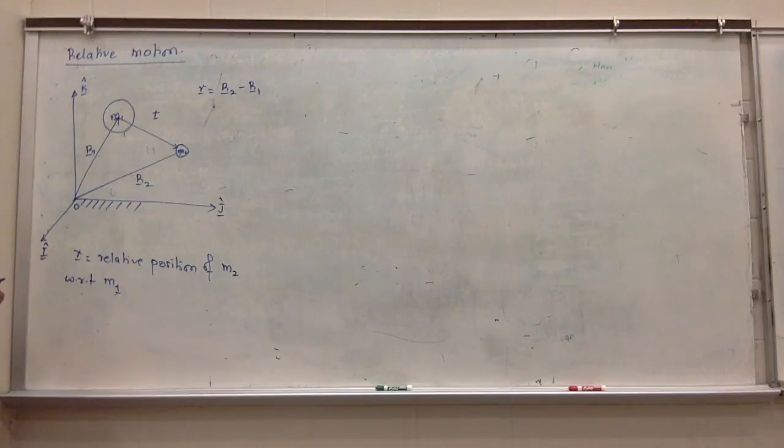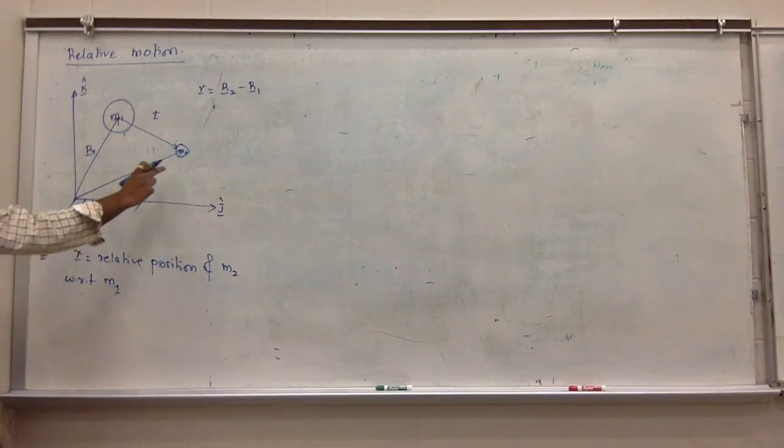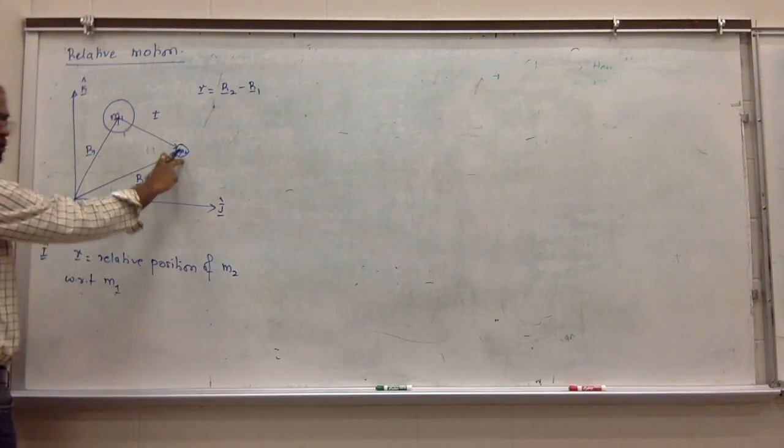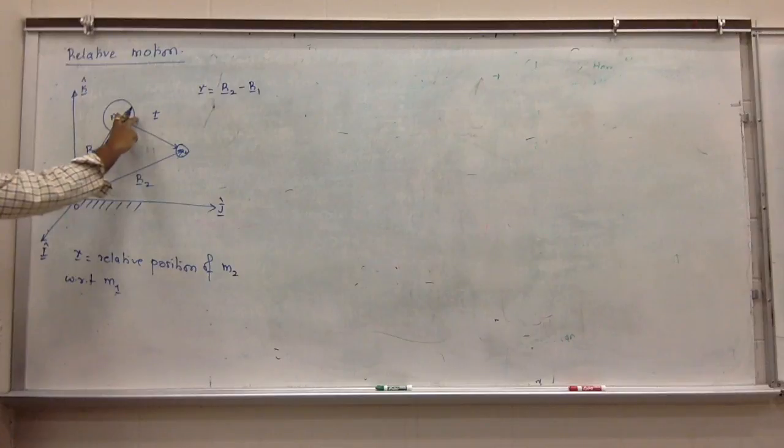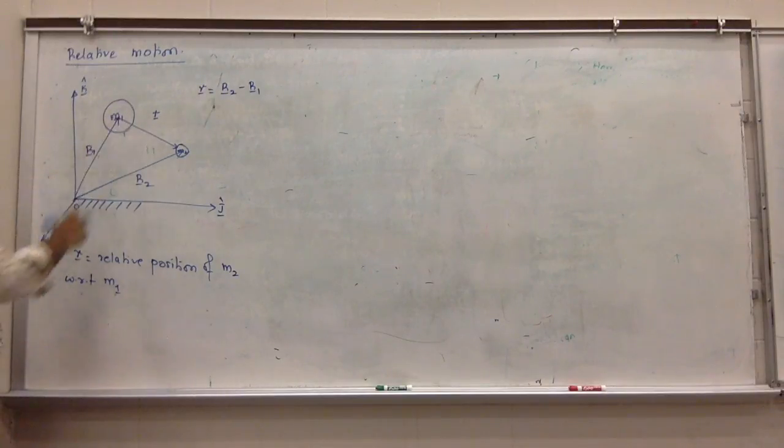But in reality, it's very difficult to find this inertial reference frame. There is no inertial reference frame. So what we do is, we can express the position of one body with respect to the other body. And that's what we are interested in. So let's say, think about this m2 as moon, and this could be Earth or Sun, for that matter, anything.